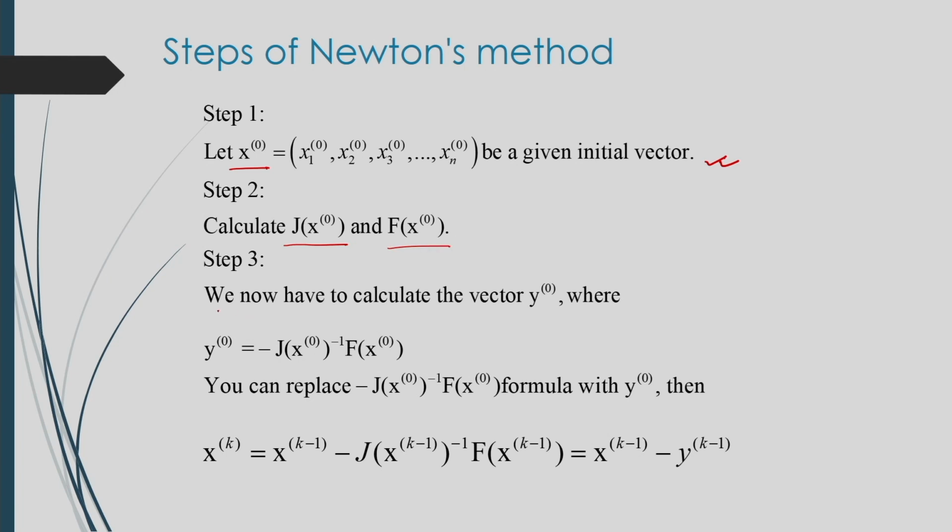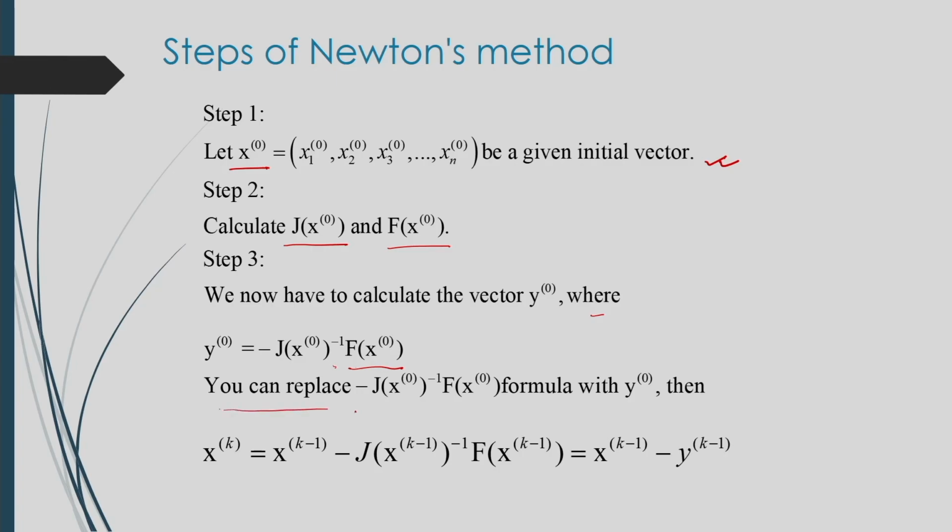And then, as step 3, we have to calculate the vector y0, where y0 is defined as minus of the Jacobian matrix at x0 to the power minus 1, that means the inverse of the Jacobian matrix at x0, times the function f(x0).